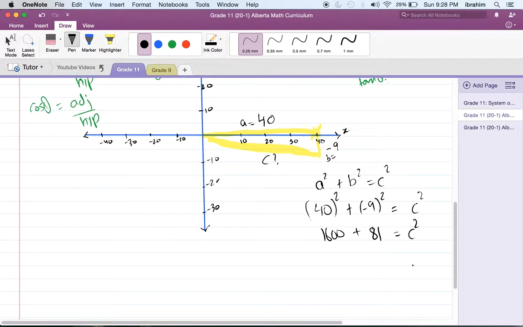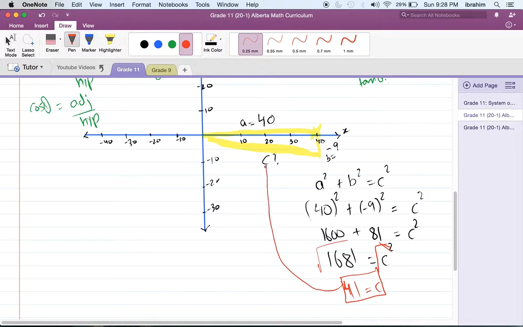So 1600 plus 81 gives me 1681 is equal to C squared. Now in order for me to get C by itself, I'm going to have to square root the right hand side, and then I must square root the left hand side. So square root of 1681 is actually equal to 41. So in this case, 41 is equal to my hypotenuse, which is this one here.